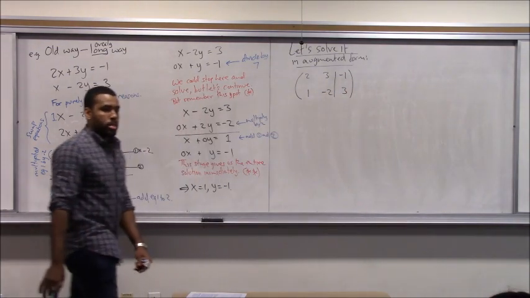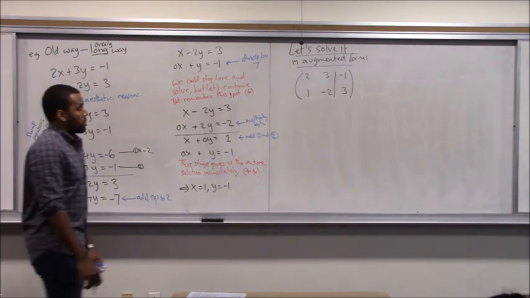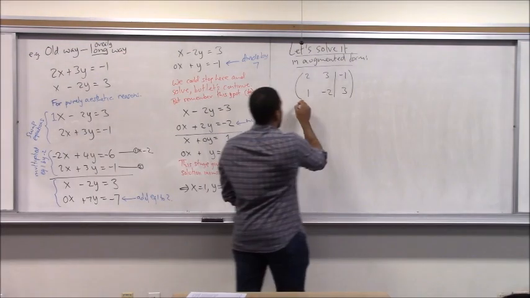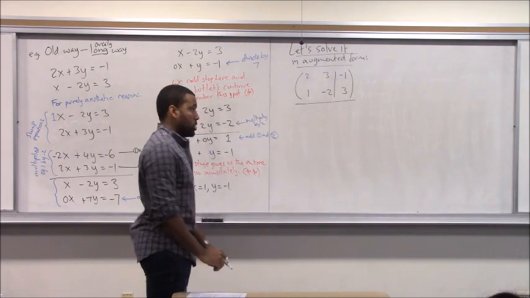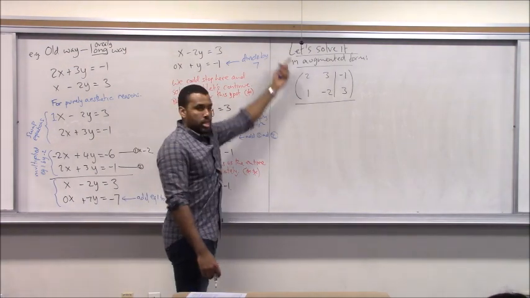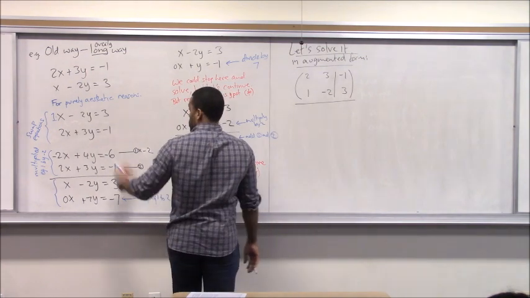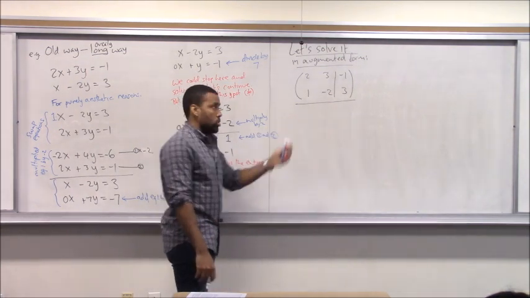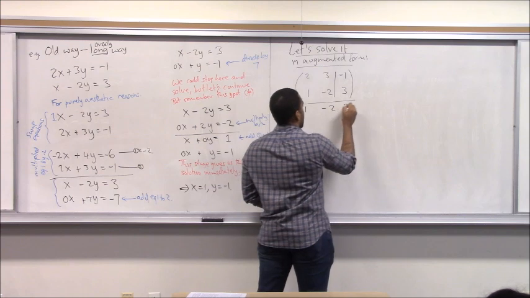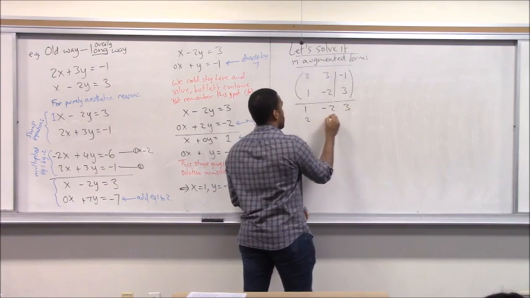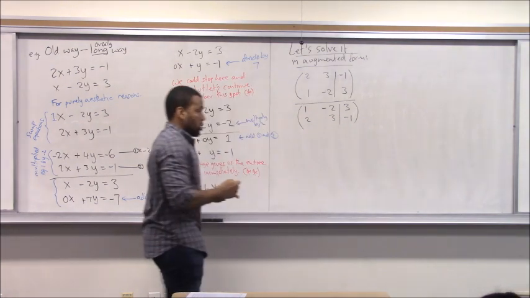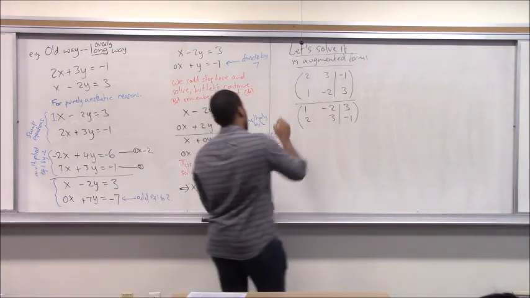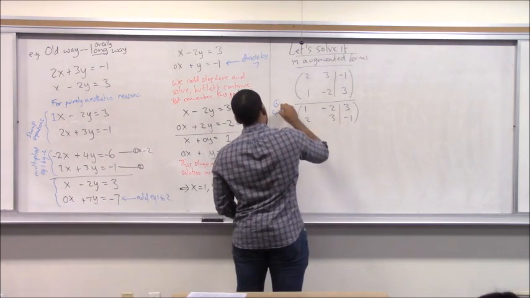Okay? That's how my system starts. Now, the first thing I did was I swapped the two equations. But the rows represent the equations. So swapping two equations is swapping rows. So I put this row on the top, and I can move that row to the bottom. So that's one thing I could do here. Swap rows.